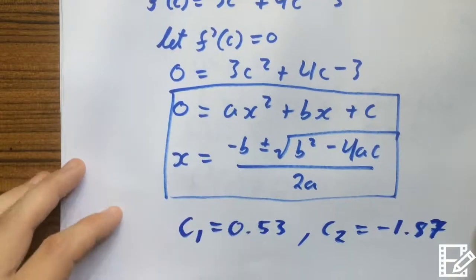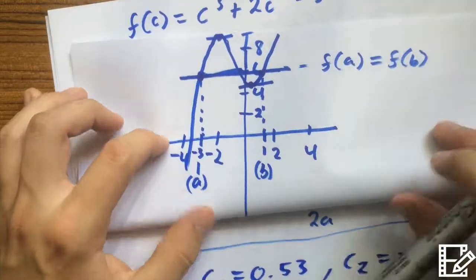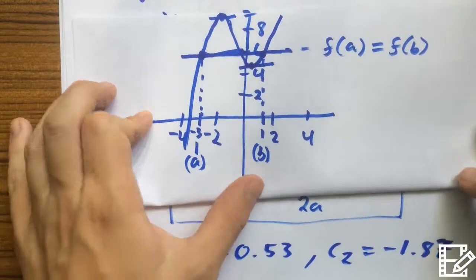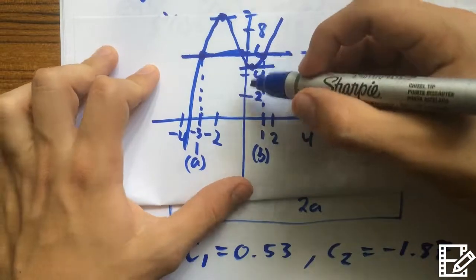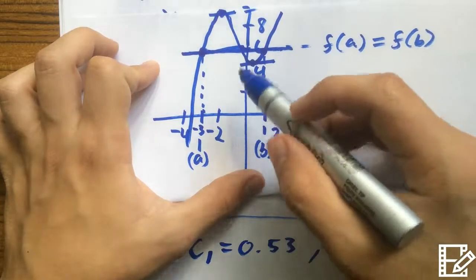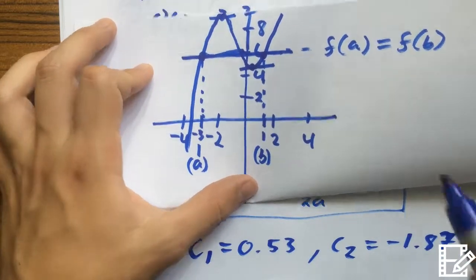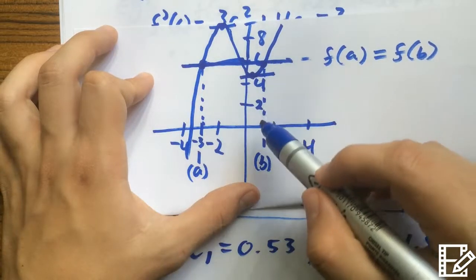Which makes sense, because when you look at the graph, I said that one point needs to be between 0 and 1. We have 0.53, and one point should be around -2. We have -1.87. Okay? See?